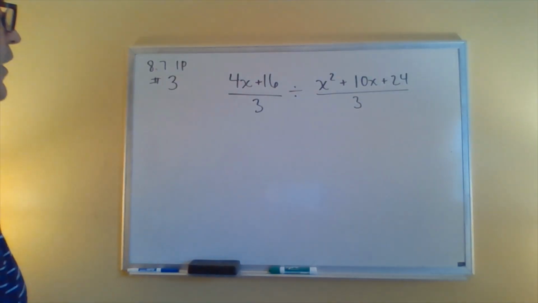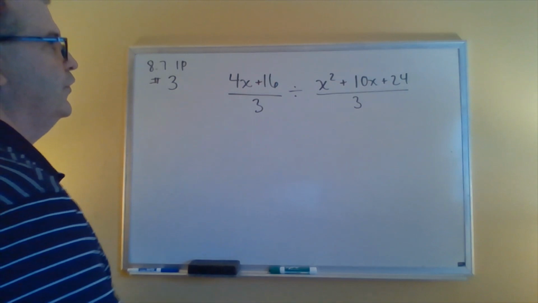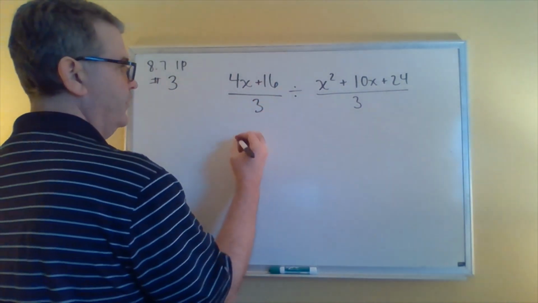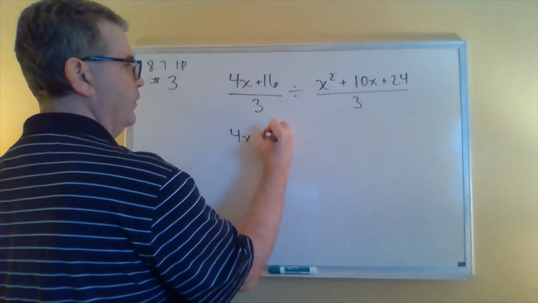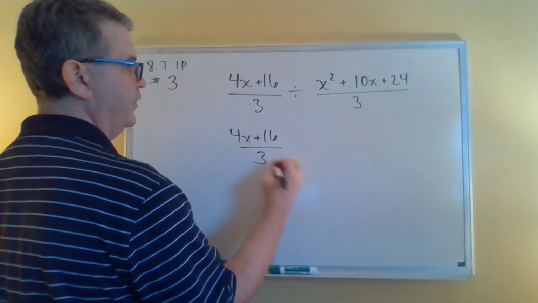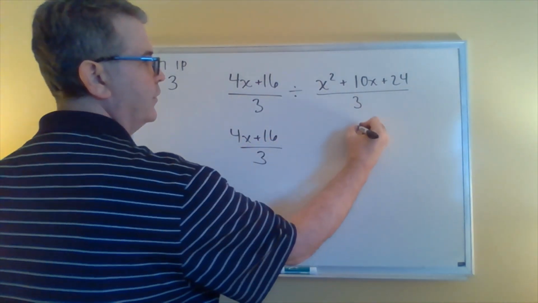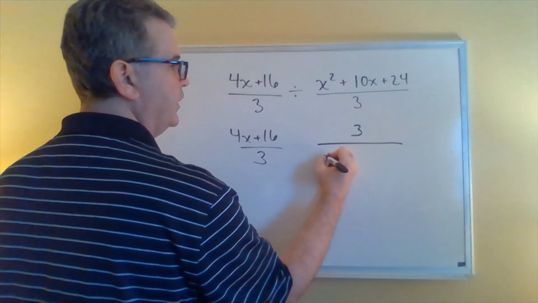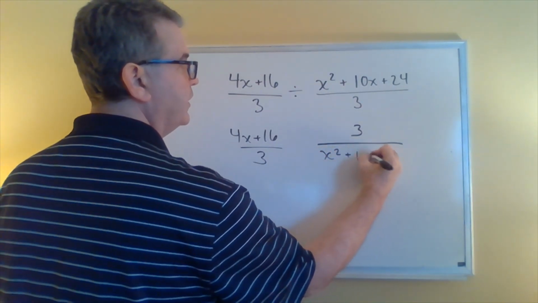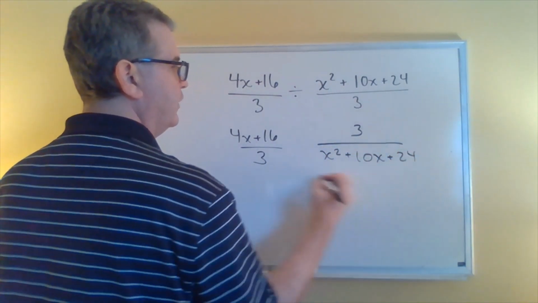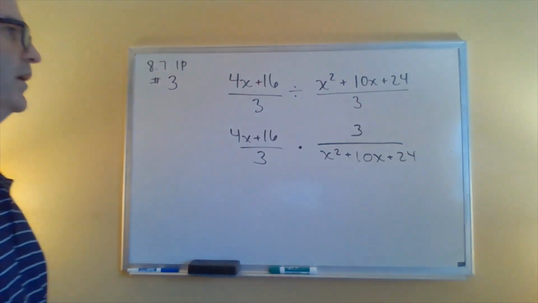Number 3, 4x plus 16 over 3 divided by x squared plus 10x plus 24 over 3. First thing we're going to do is rewrite our first fraction as is. We're going to reciprocate our second fraction, 3 over x squared plus 10x plus 24. We change our operator to a multiplication sign.